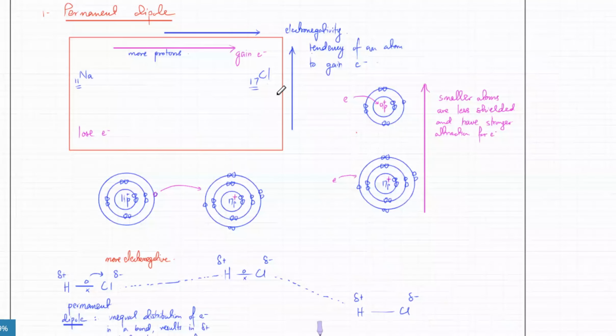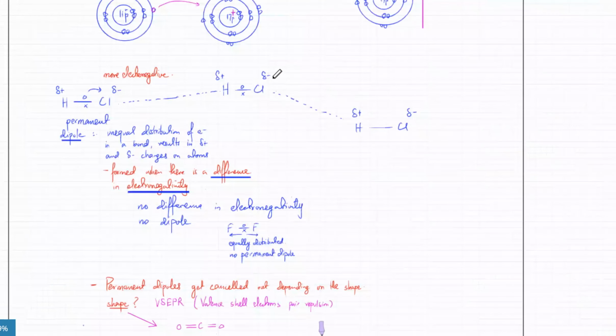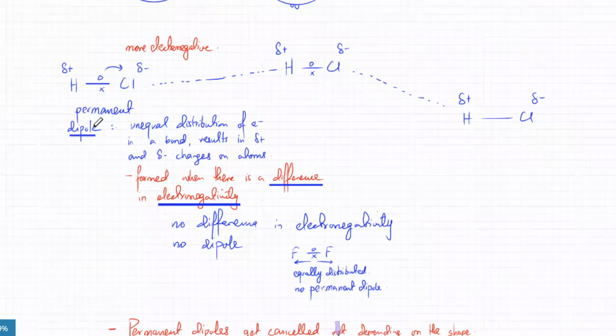And permanent dipoles, where you had the most electronegative elements in this corner. So if you have an HCl molecule, what will happen is that the electrons would be unevenly distributed. So that would result in a permanent dipole, which is an unequal distribution of electrons in a bond, which results in a positive and a negative charge on the atoms.